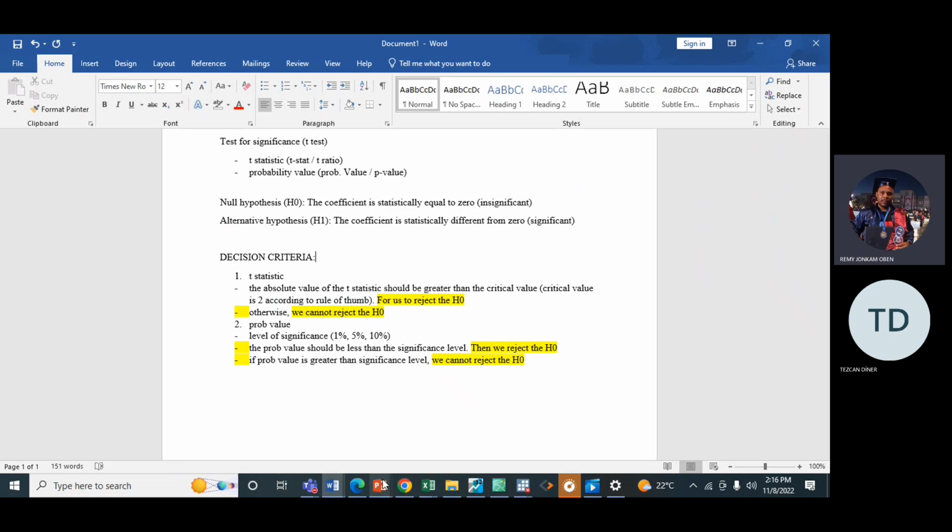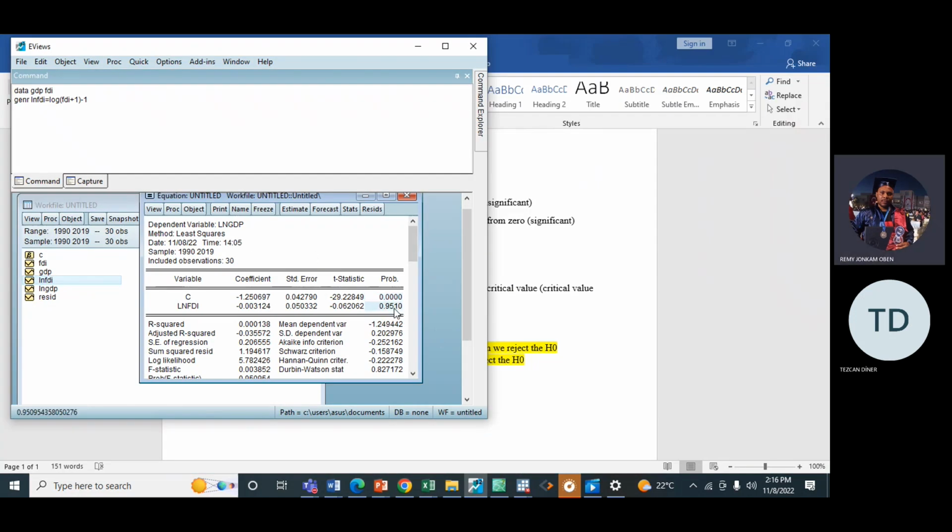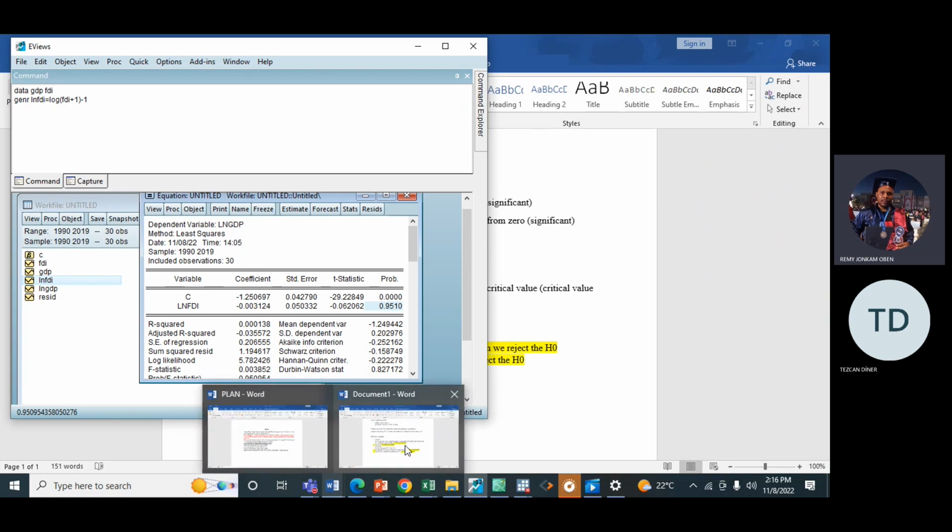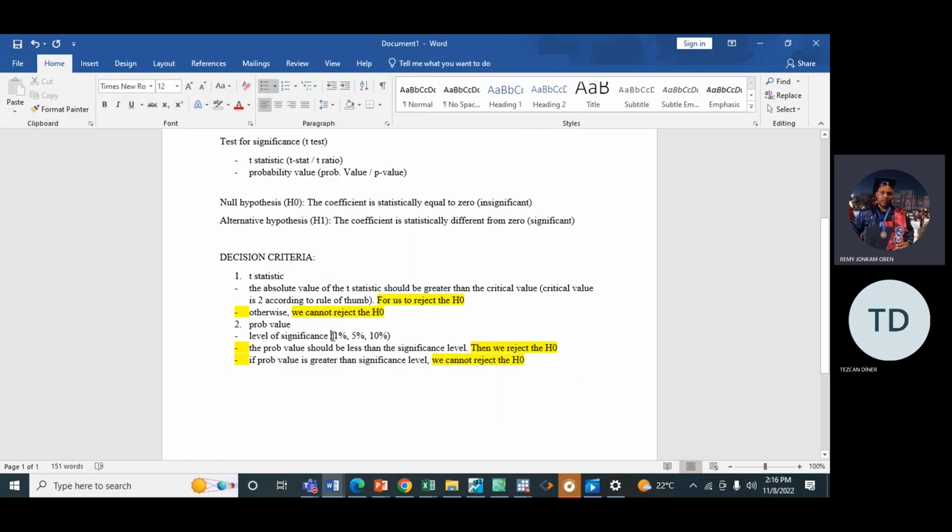Now let's look at the beta coefficient, that is the slope coefficient. Look at the probability value, 0.95. What is that? That is 95%. 95% is greater than 1%, it is greater than 5, it is greater than 10. So even if we are using 10%, which is the highest we can accept, it is still greater than 10.